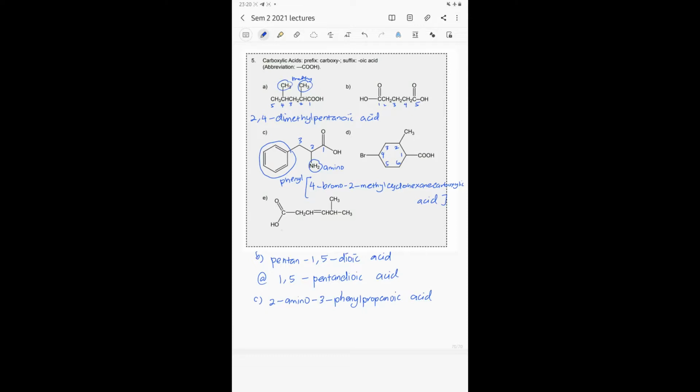Last one. Okay, this one will be carbon number 1, 2, 3, 4, 5, 6. So we have methyl as substituent. So what is the name? Remember we have a C double bond C also. So the name will be 5-methyl 3-hex, not hexanoic acid.